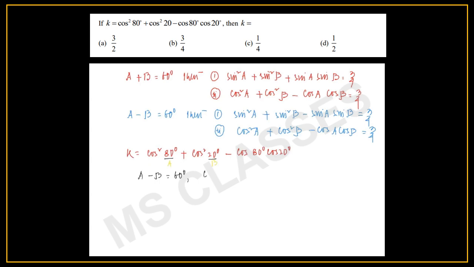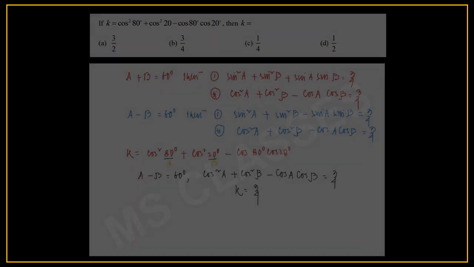And when a minus b is 60 degree, then we have cos square a plus cos square b minus cos a cos b equal to 3 by 4. So automatically here k will be equal to 3 by 4. Just this form will allow us to get the result very quickly.